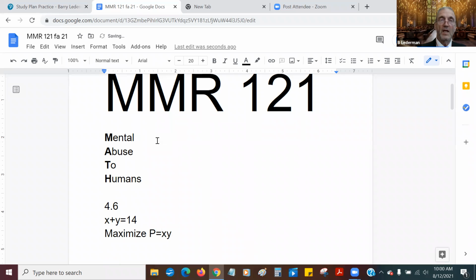So I'm just going to say that P equals x times 14 minus x. Why 14 minus x? Because I can see from this first equation that y is equal to 14 minus x. And that equals 14x minus x squared. Okay, there you go.